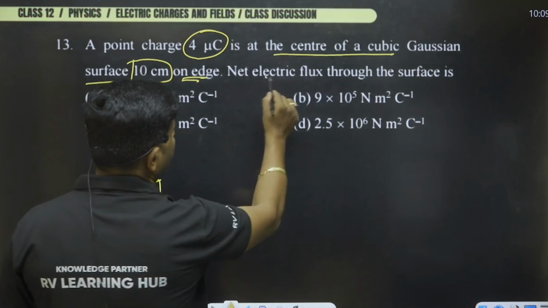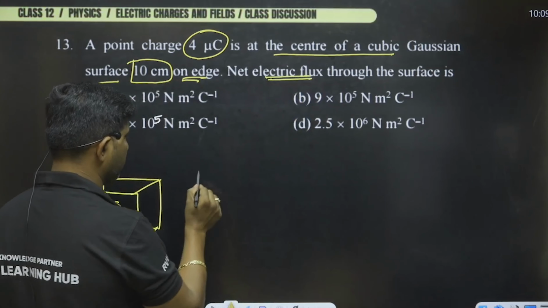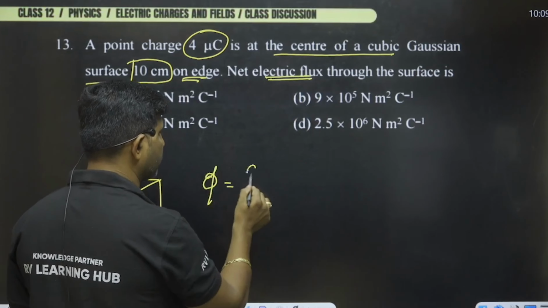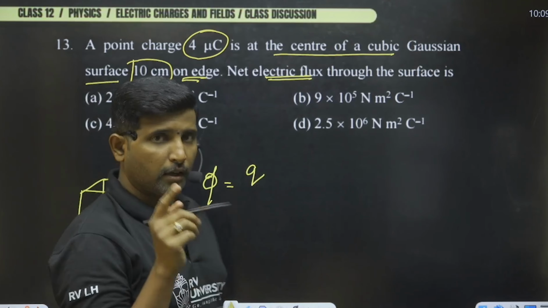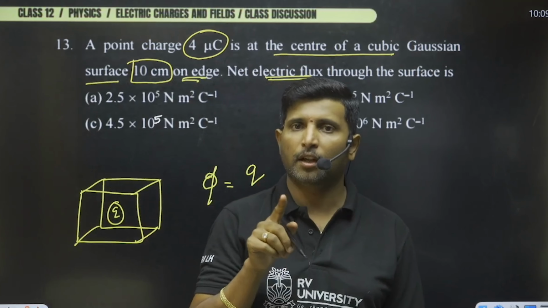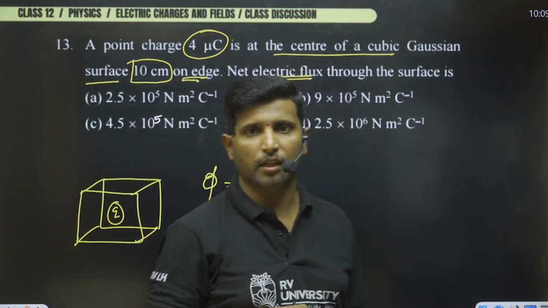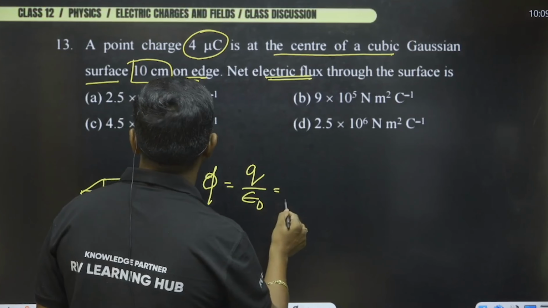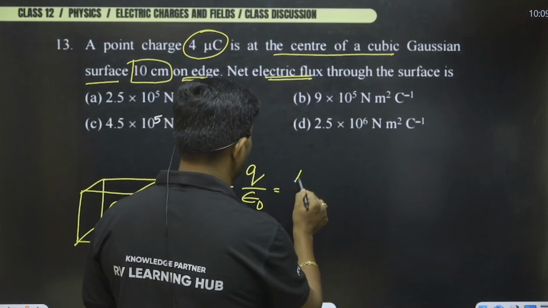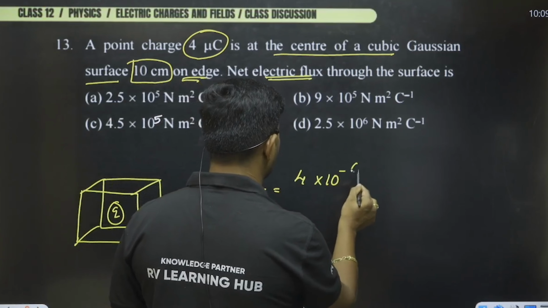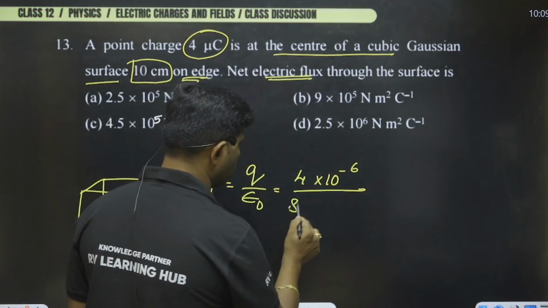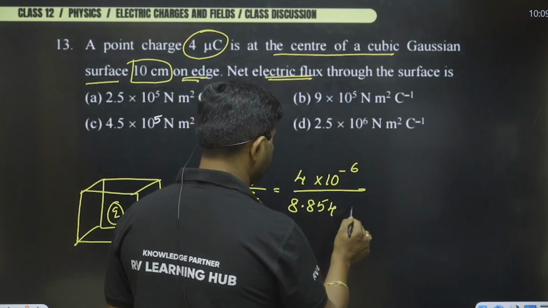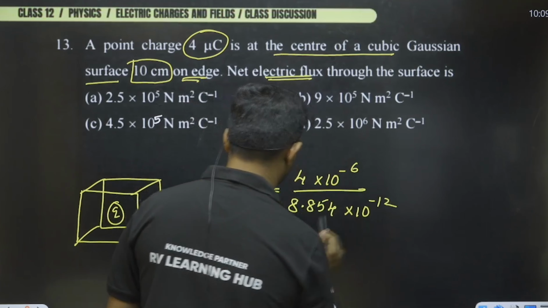The net electric flux through the surface is, see here, the flux does not depend on the shape of the Gaussian surface. Therefore, we can say Q divided by epsilon naught. What is the Q they have given? Q is equal to 4 into 10 to the power of minus 6, divided by epsilon naught, which is 8.854 into 10 to the power of minus 12 here.